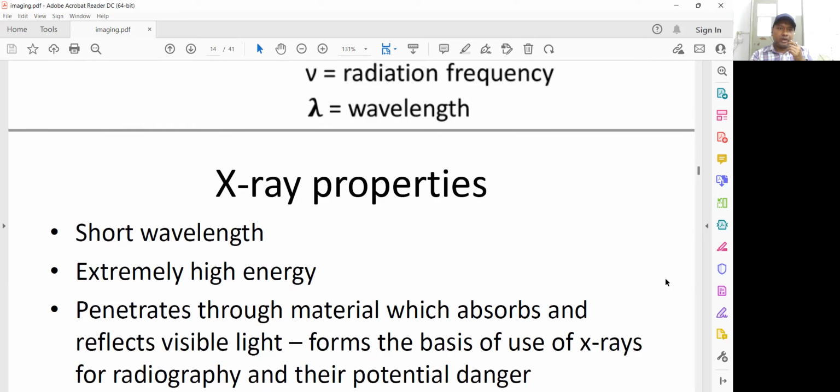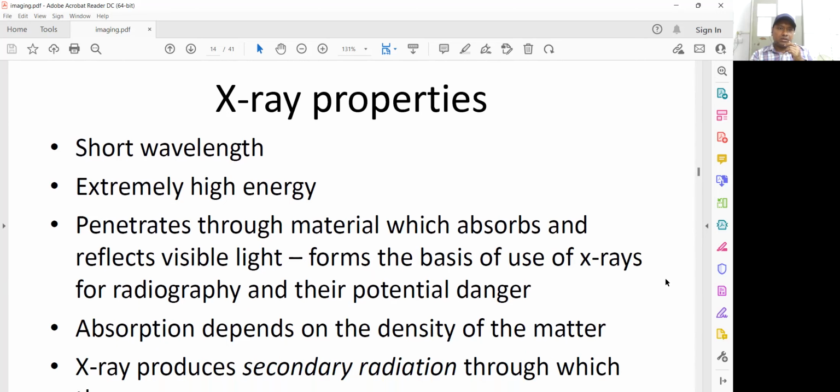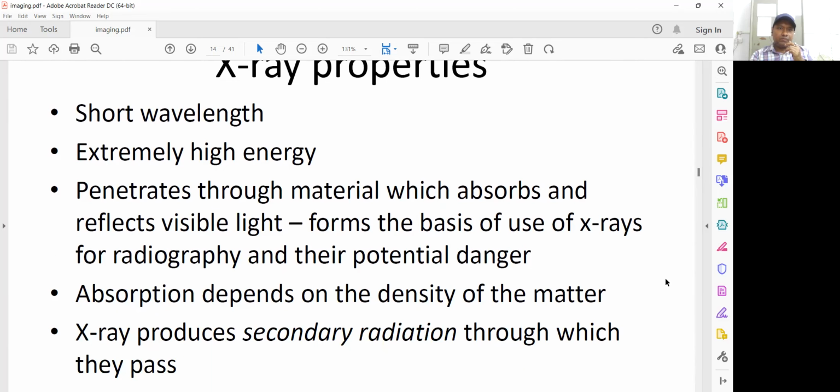So the X-ray properties are like that. It is of short wavelength. It has extremely high energy and penetrates through materials which absorb and reflect visible light. After reflection, it forms the basis of the use of X-rays for radiography and their potential danger.